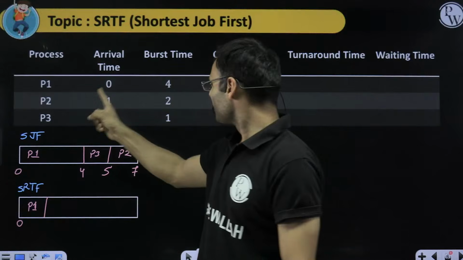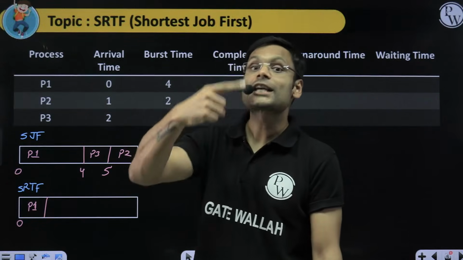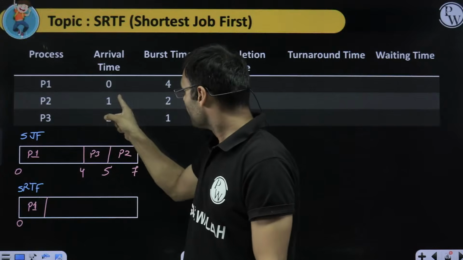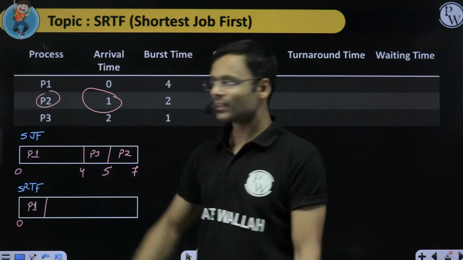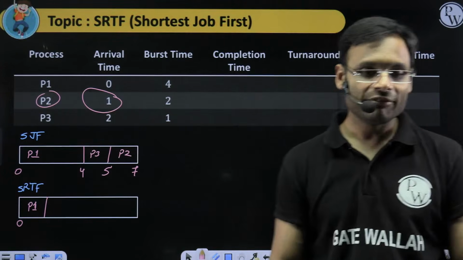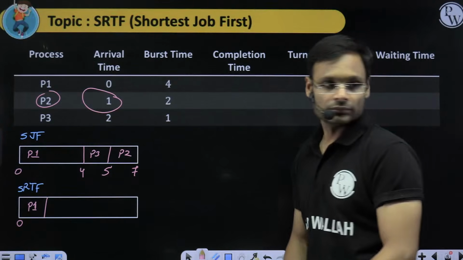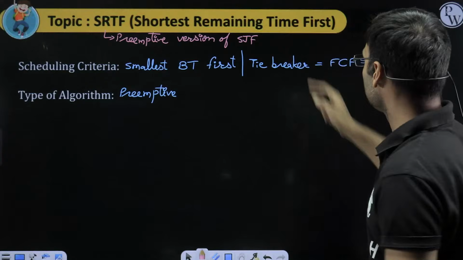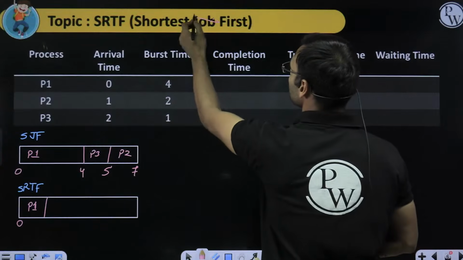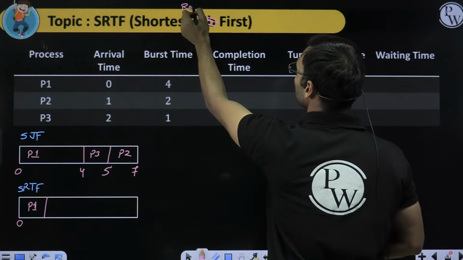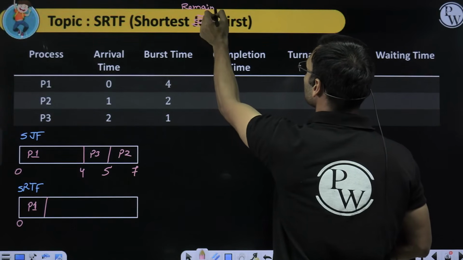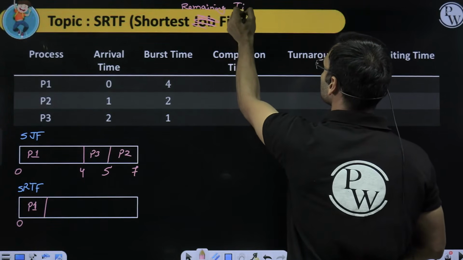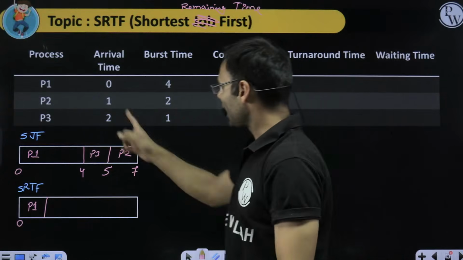So P1 would complete at 4, but the next process after P1, P2, is arriving at 1. Okay, the name here is not correct. Shortest remaining time first it should be. It's okay, doesn't matter. So P2 is arriving at 1.